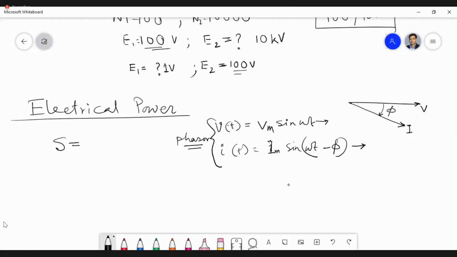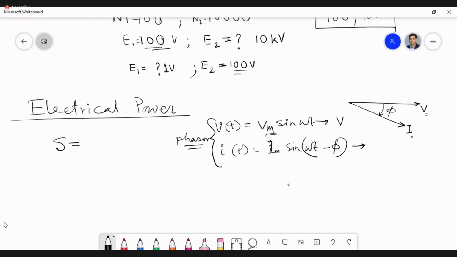So by expression, how can we write this? By some polar representation. V is the RMS value of Vm, and I is the RMS value. When we use capital letters, they are either the maximum value or the RMS value.